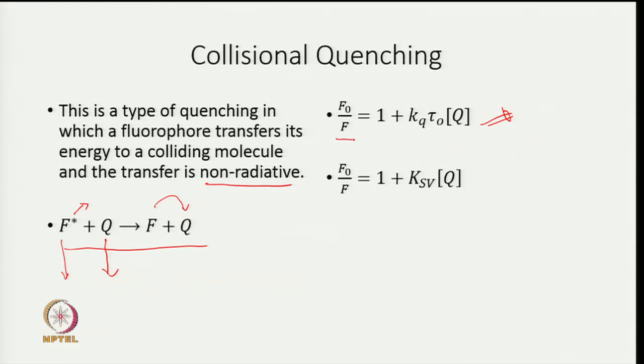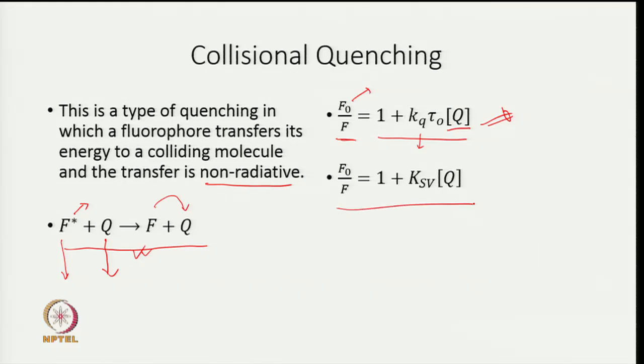F naught by F is equal to 1 plus k q tau naught multiplied by the concentration of Q. F naught is fluorescence intensity in absence of quencher, F is fluorescence intensity in presence of quencher, k q is the rate constant for this process, tau naught is lifetime, and this term gives you the concentration of quencher. This is the well known Stern-Volmer equation.